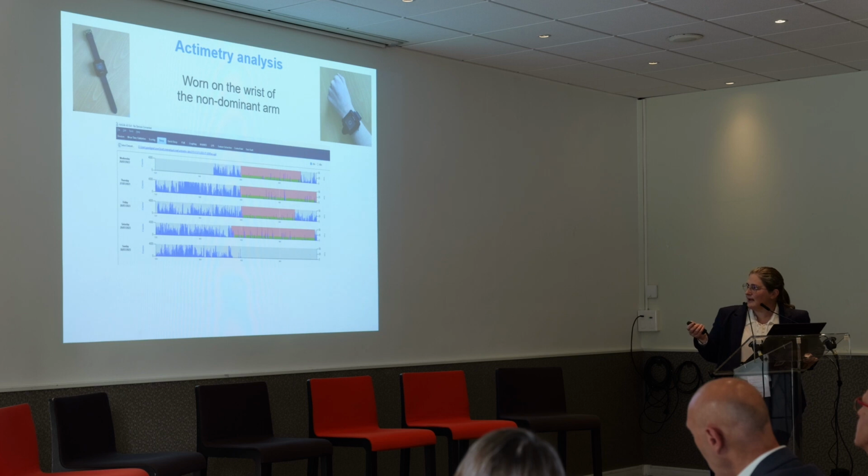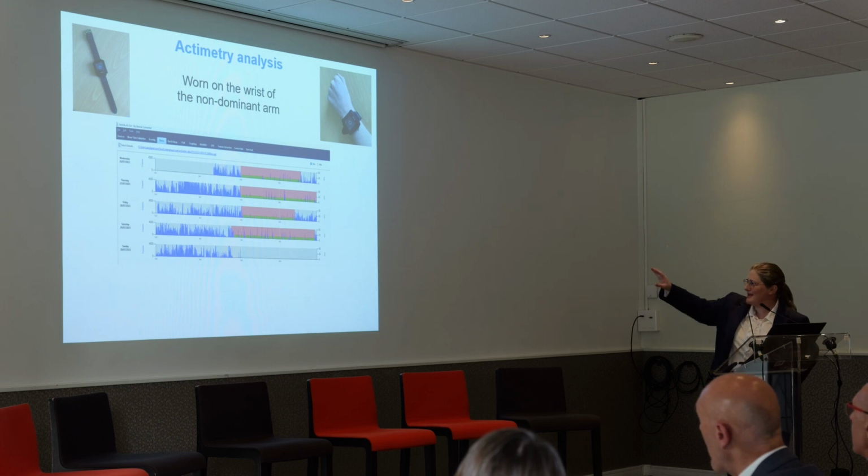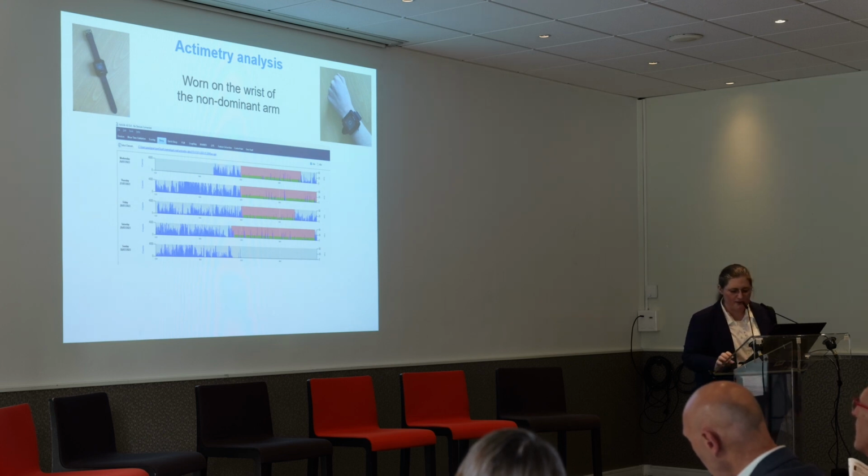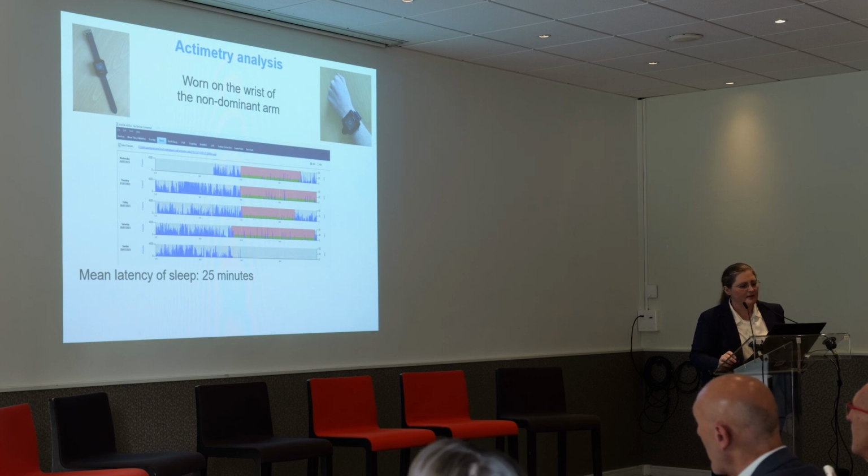And then what we can do is describe the habits. In pink, you can see the period of sleep, and in blue, the period of activity. So it's a very good way to assess the time of sleep.